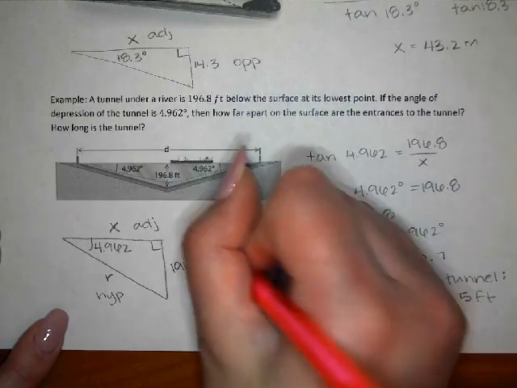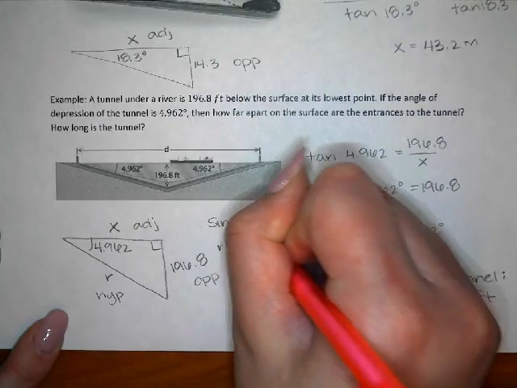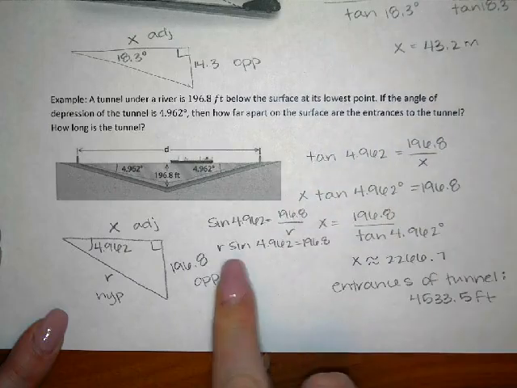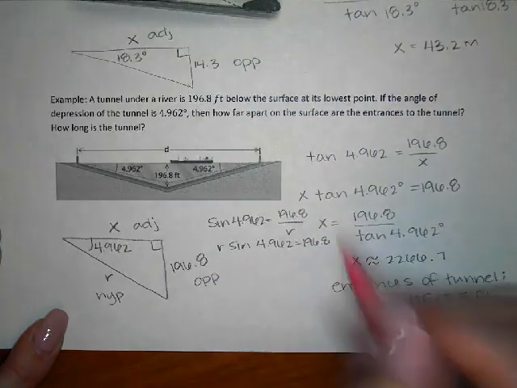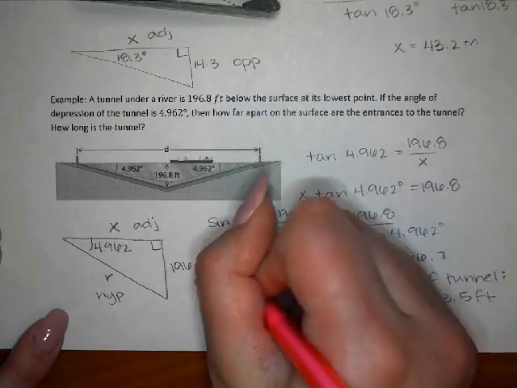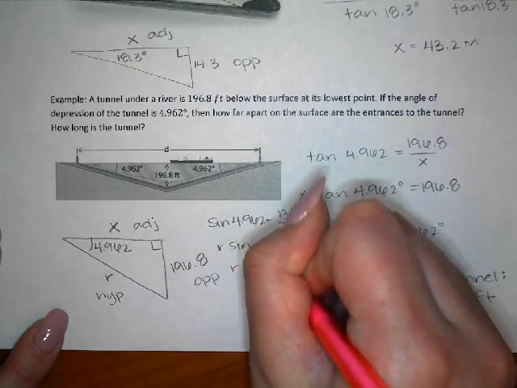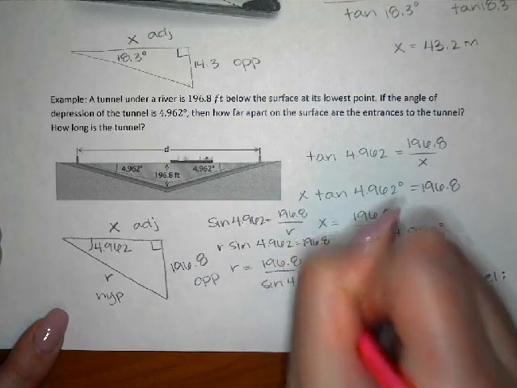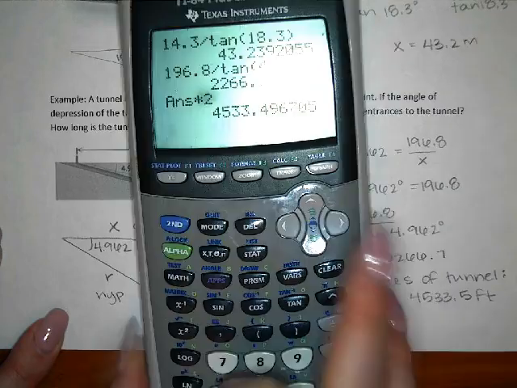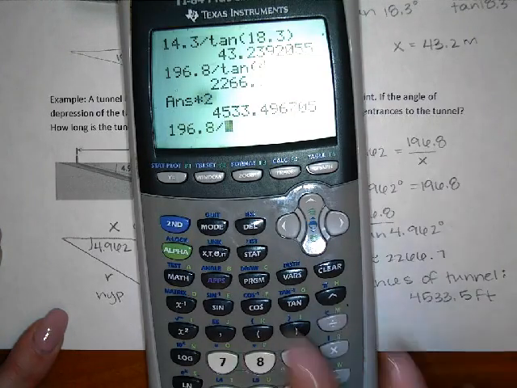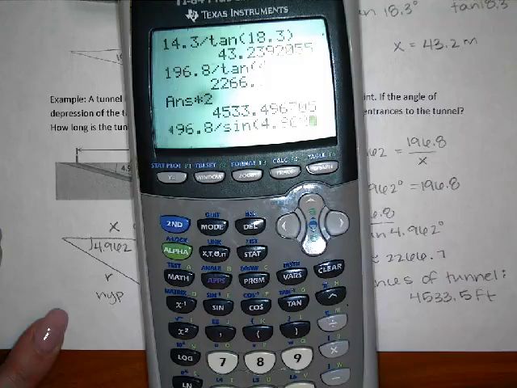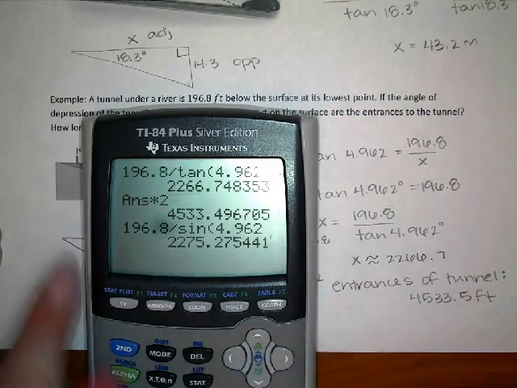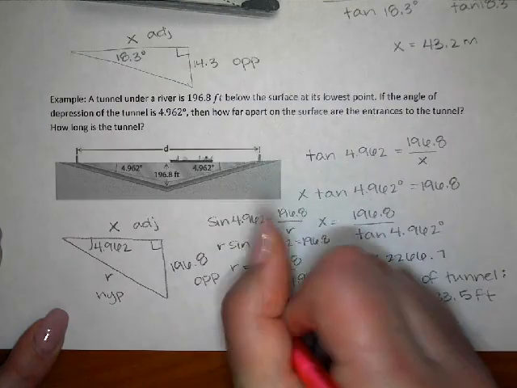And then to solve for the r value, I'm going to divide sine over to the right. So r is 196.8 divided by sine 4.962. So this is the length of the tunnel just on the left side. And so to get the entire length of the tunnel, I'm going to go ahead and double this.